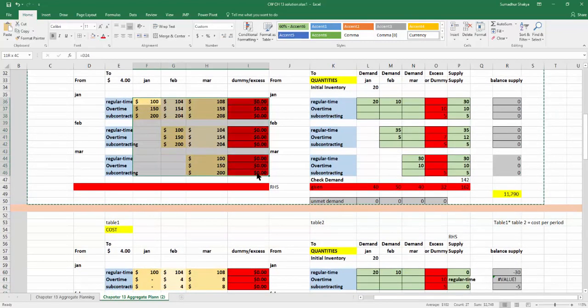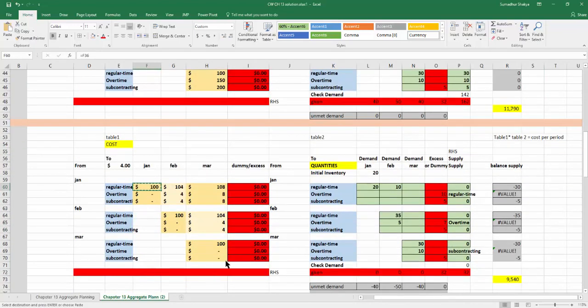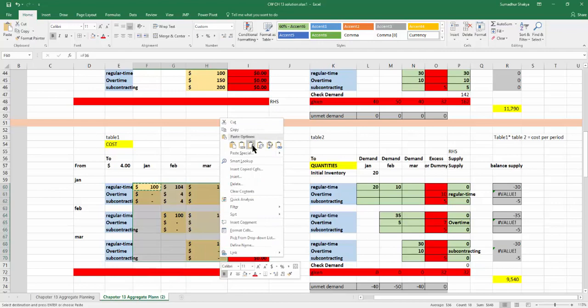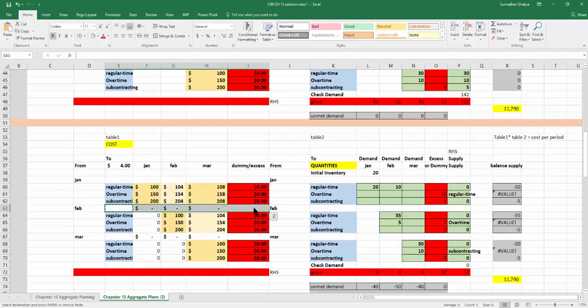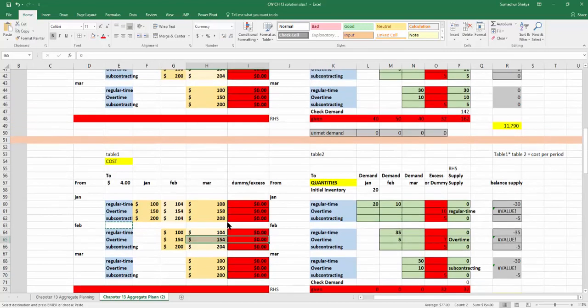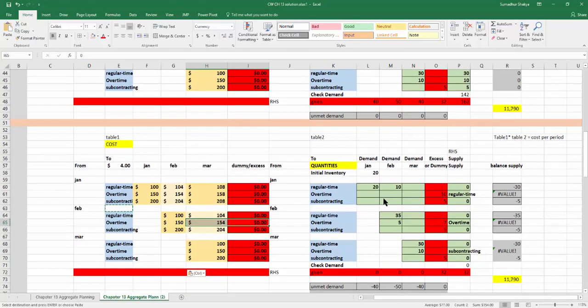So why don't I do this? Paste formulas only. No, that takes away my blank cells. Okay, sometimes you just can't make the shortcuts. One second here. Okay, so the costs are all the same, 104, 150, 200, 104, 150, okay.